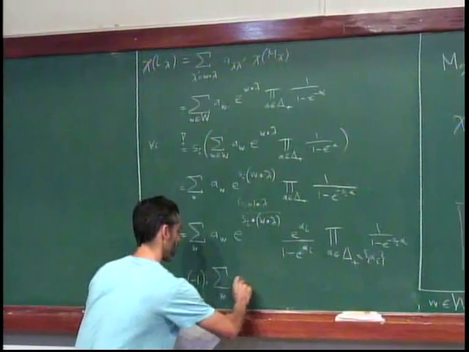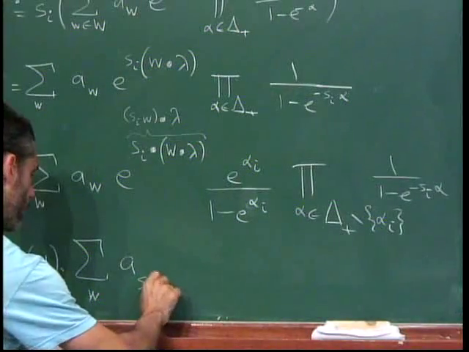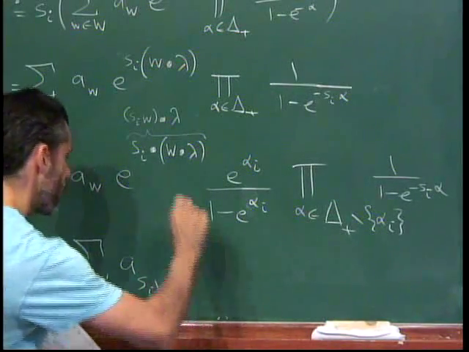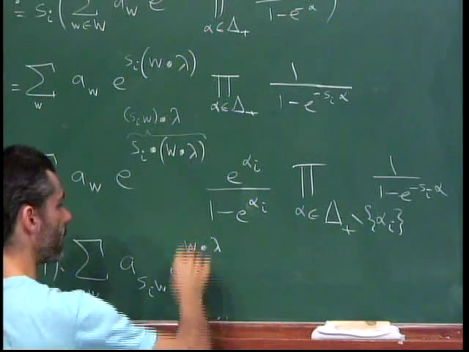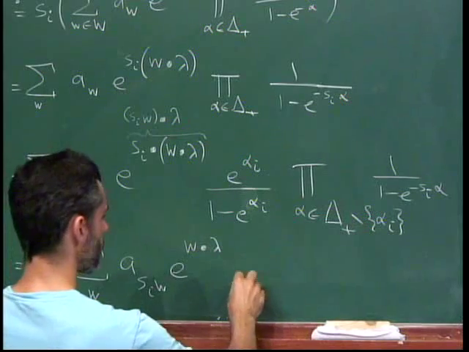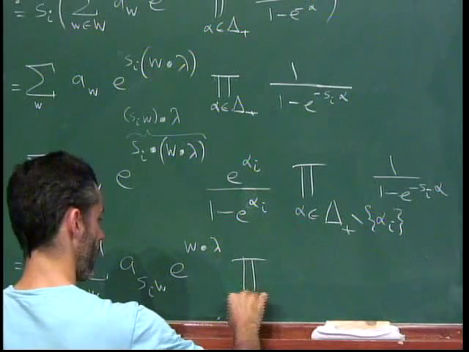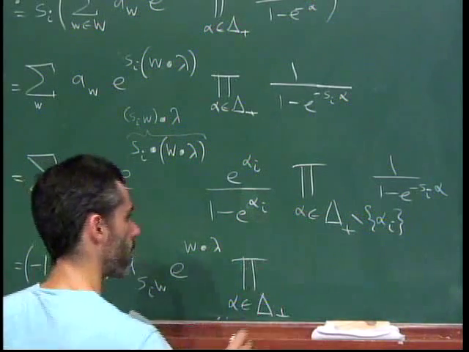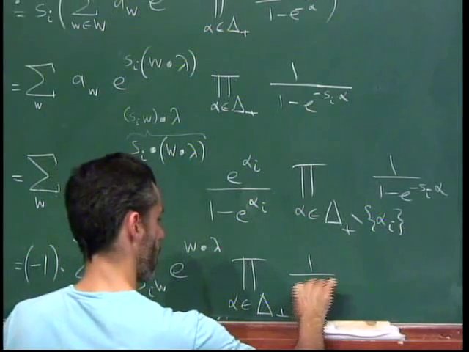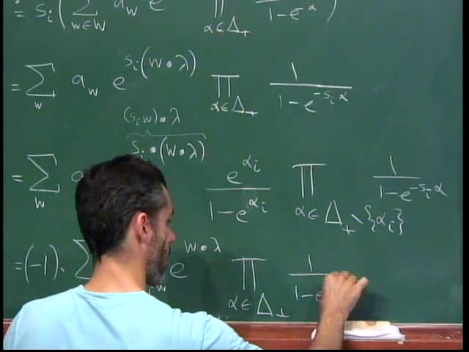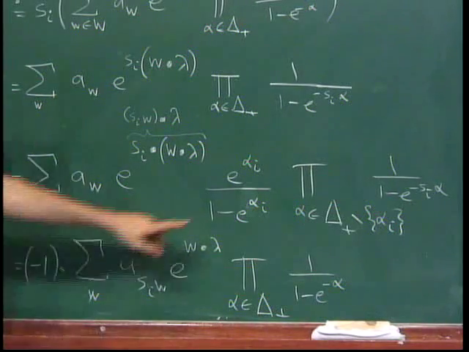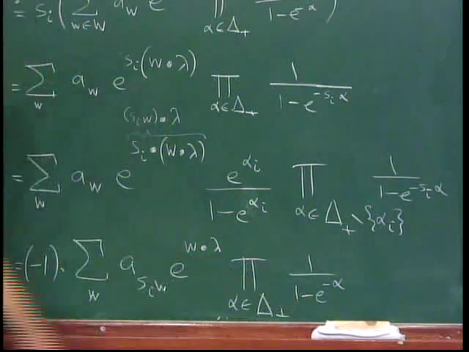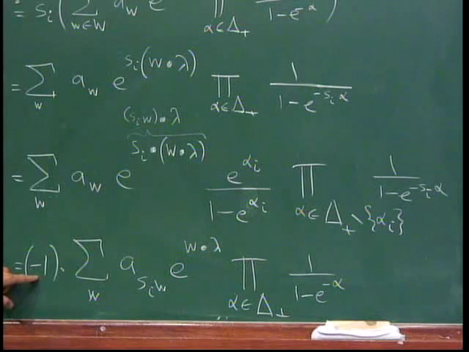So A sub SIW e to the W shifted action on lambda. This guy, I put it back inside. And now it's, again, a sum indexed over delta plus. And the price that I pay, because the difference between this expression and that is a minus sign, is this minus here.